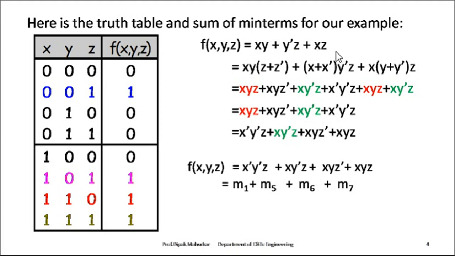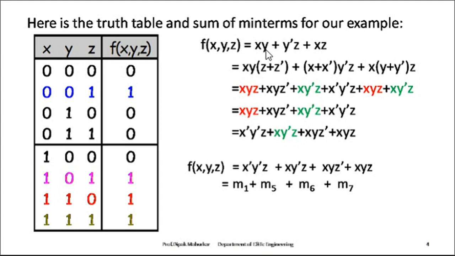Now that 1 I will replace with z + z', because z + z' is equal to 1. And why will I write the literal z? Because in this first term the z is missing.